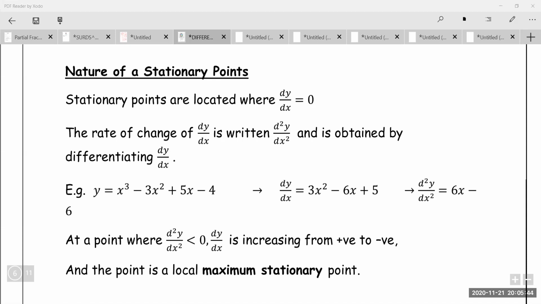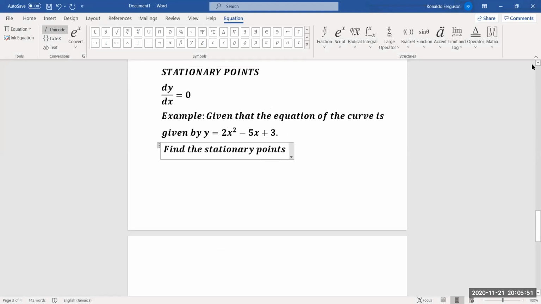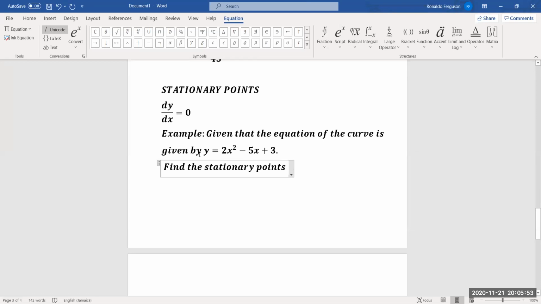Can you switch to the other screen? My apologies. All right, so given that the equation of the curve is y equals 2x squared minus 5x plus 3, find the stationary points. So how are we going to find the stationary point or points?